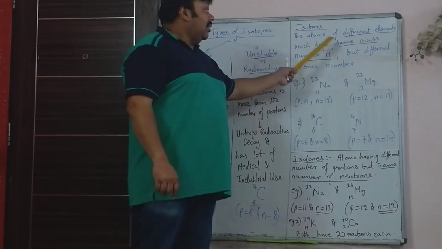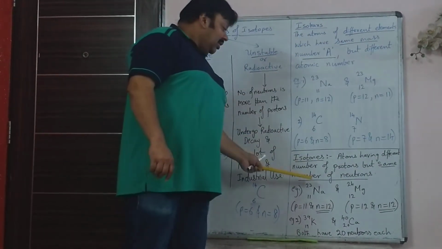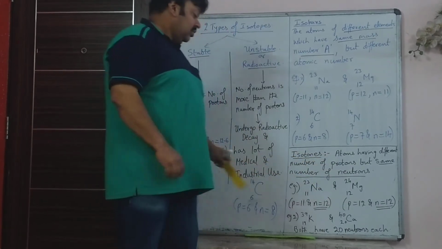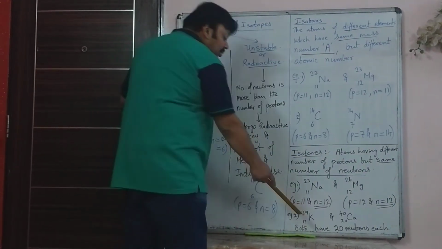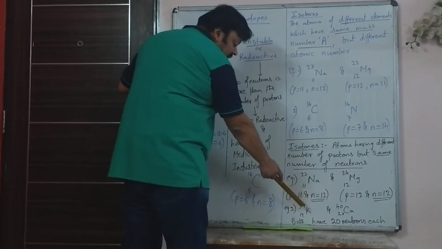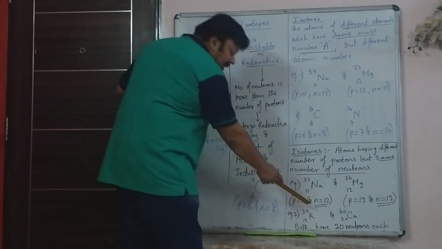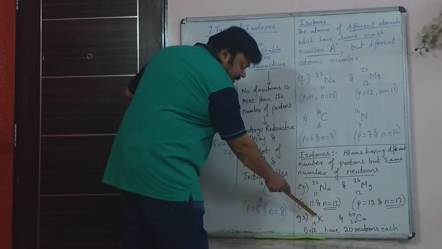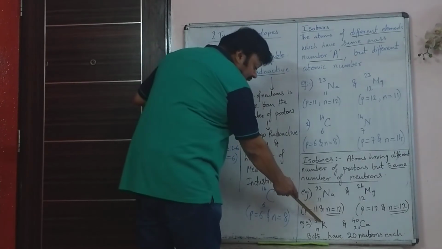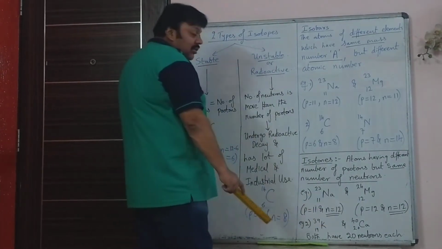Mass number same, isobars. Nucleus, that is neutron, same, isotones. Another example, potassium-39 (atomic number 19). Number of neutrons is 39 minus 19, that is 20.